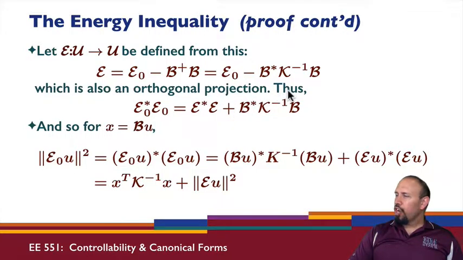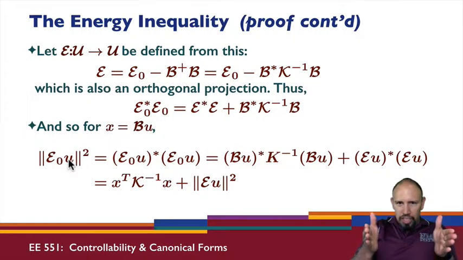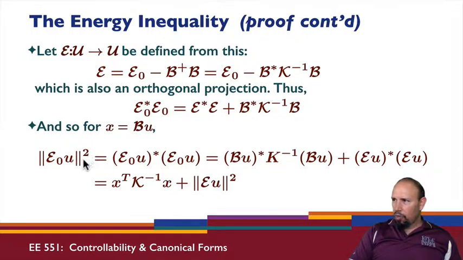So I can go through and show that I have this condition satisfied. So E naught is equal to E naught adjoint E naught, and so I have this situation, just by taking this over to the other side. So if X is the control map operating on a control signal, I can show that E naught operating on that is restricting the attention of U from t naught to t, and looking at that norm squared, that's this quantity.